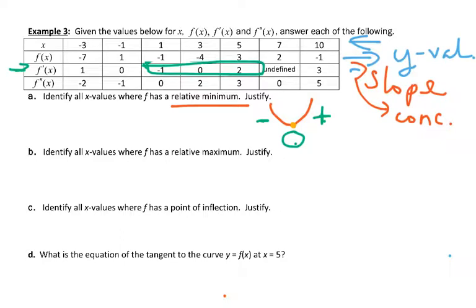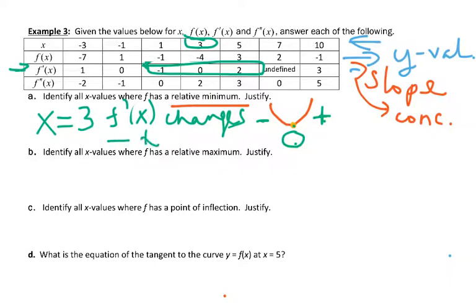So what you can see is that it has happened, and the x value that you want to focus on is when it's at 0, right? So the x value is 3. And when they ask you to justify, what you would say is f prime of x changes from negative to positive, and that is the part at x equals 3.